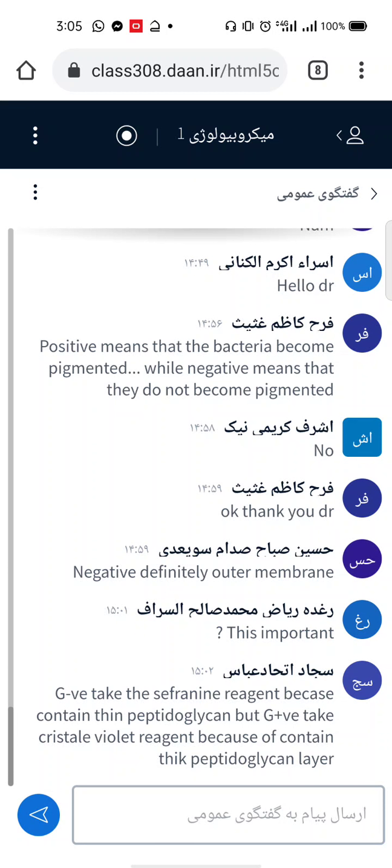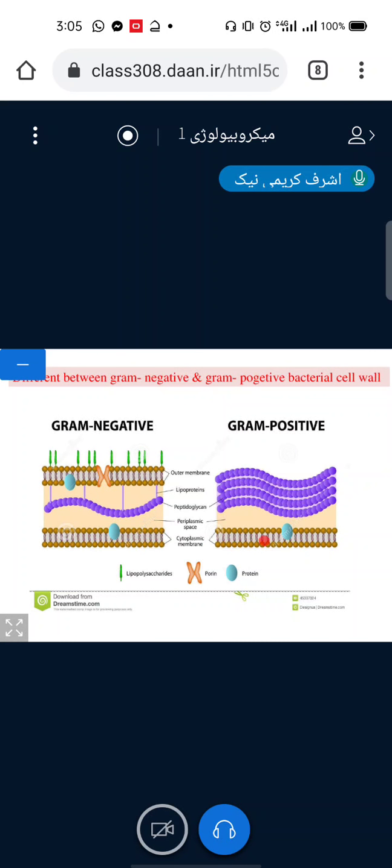On the right, you can see gram-positive. The inner membrane, the cytoplasmic membrane, is the same in both bacteria. It is also called the cell membrane or plasma membrane.